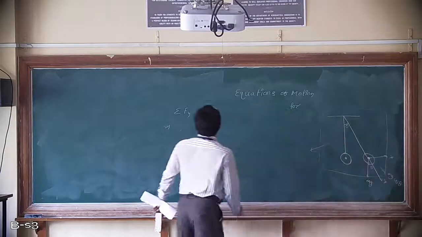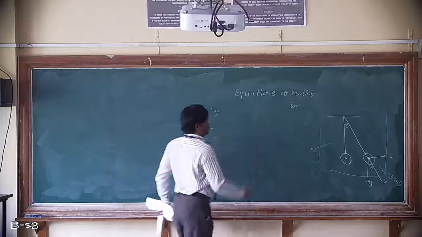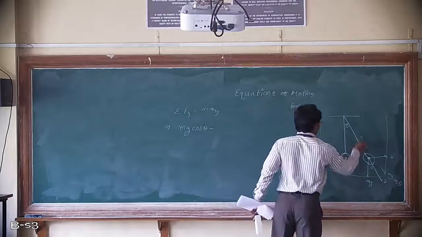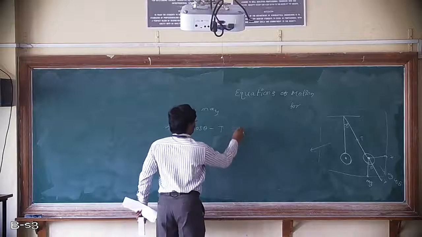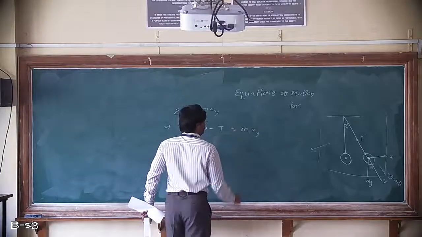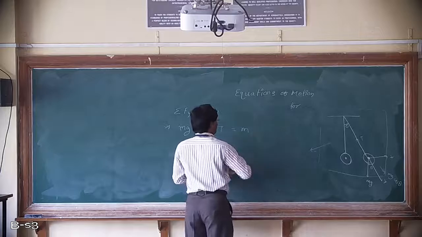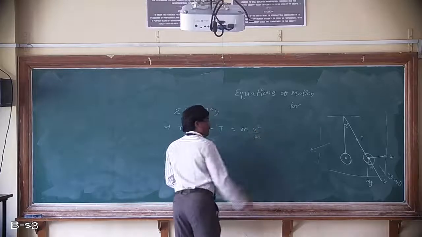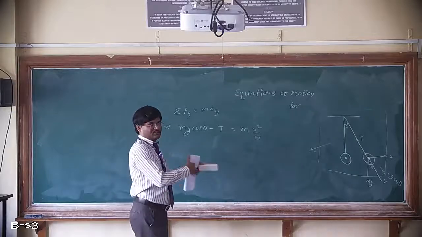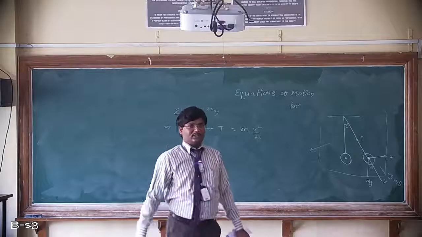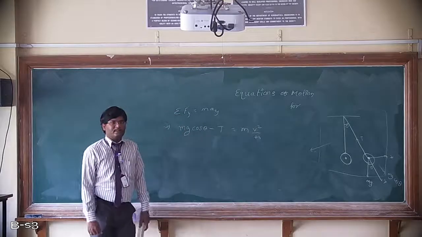So can I write it like this: mg cos theta minus T, the tension in the string, is equal to m into ay. From basic physics, ay is nothing but v squared by r, right? I am repeating this once again; you can check this detailed analysis in the previous class also.